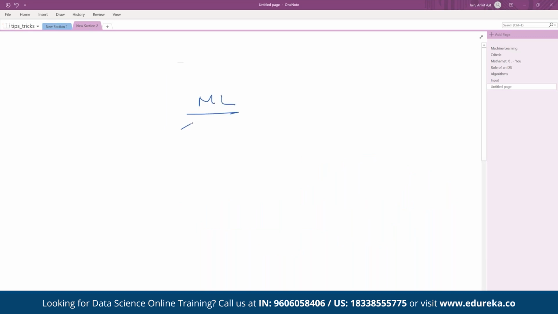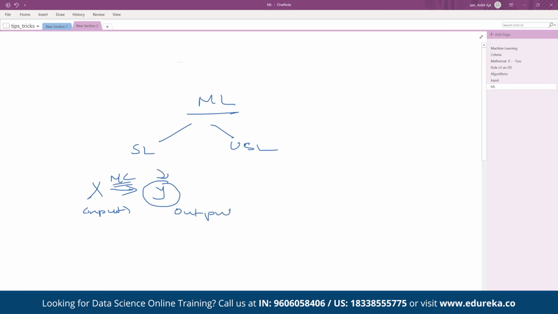Now in this case, SL is supervised learning and USL is unsupervised learning. You feed in the X, and if your Y is known, you exactly know what you want to train the model on. What is my target variable or my output? If that is known to you, then it is known as a supervised machine learning model.